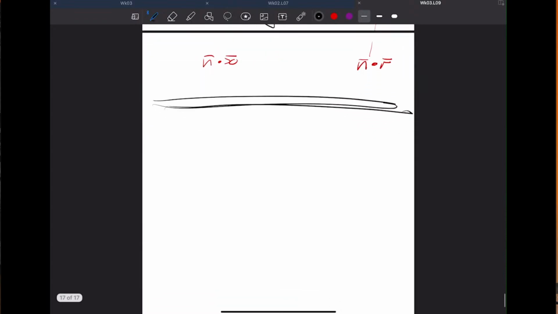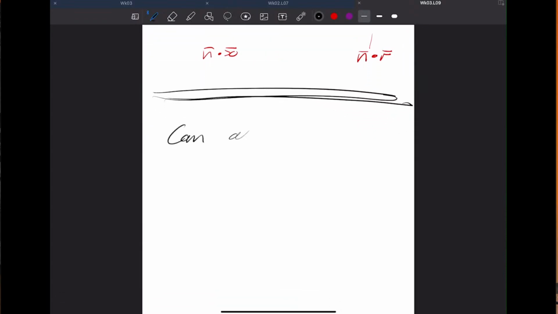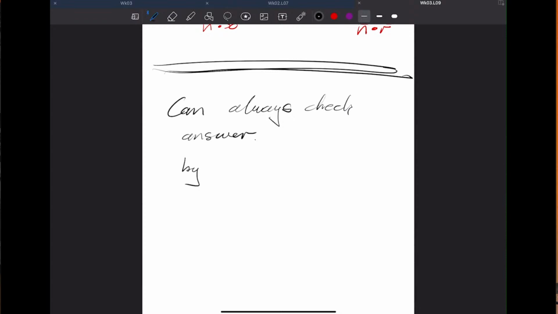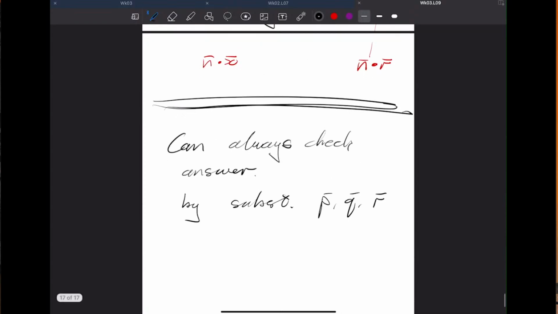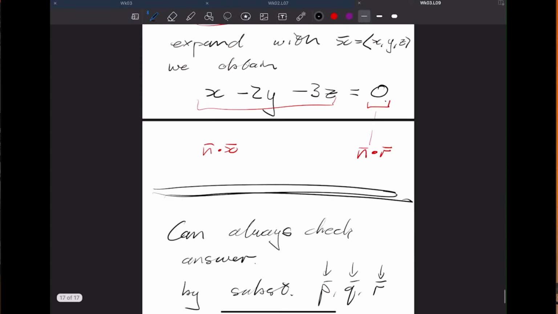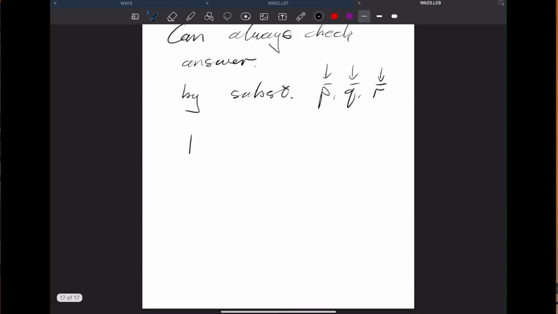And we can always check our answer by substituting the coordinates for P, Q, and R into our Cartesian equation. For example, P is (1, 2, -1).